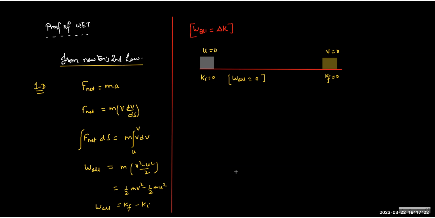So based on this, we have done a question, I think in the last lecture also. Let's just repeat the same question. A block starts moving on two types of surface.